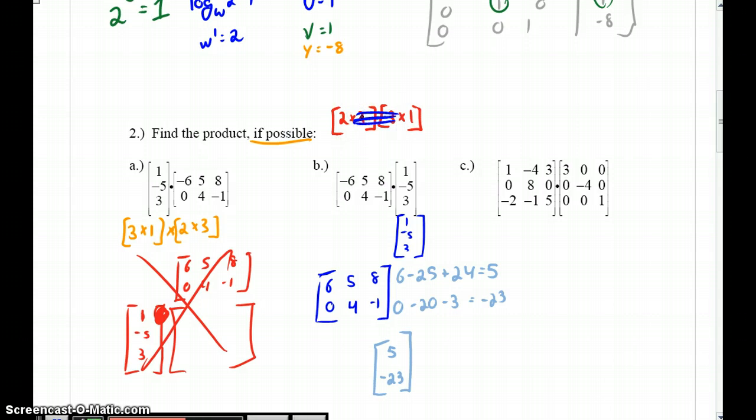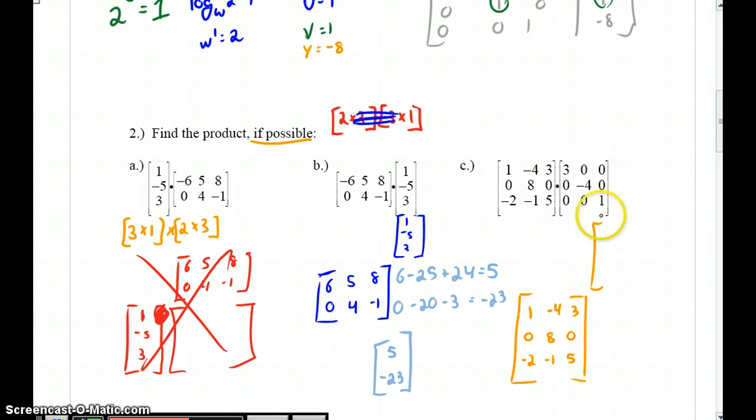Here I'm multiplying a 3 by 3 with a 3 by 3, which could be pretty annoying, but there's so many zeros here that so much of it will cancel out. I have 1, negative 4, 3, 0, 8, 0, and negative 2, negative 1, and 5.